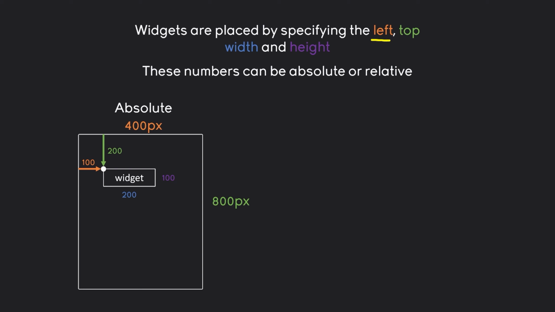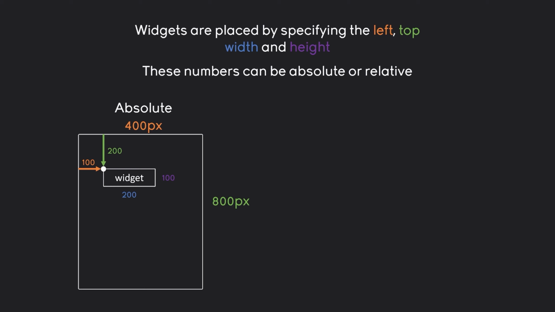With these points, we are placing the top left of the widget. In this particular example, the top left of the widget is 100 pixels from the left side and 200 pixels from the top. Besides that, we can also specify the width and the height of the widget. These numbers are optional. If you don't specify them, the widget is going to have the size of its content.